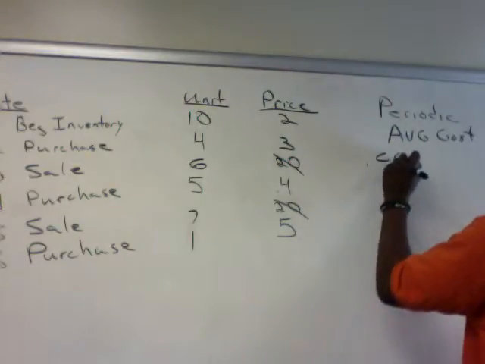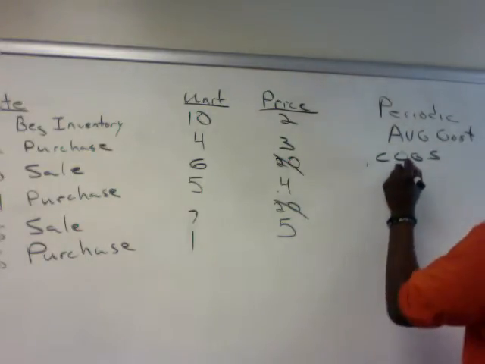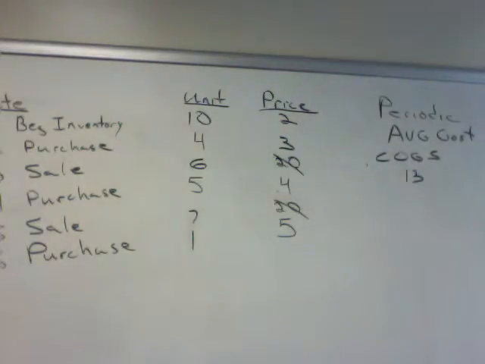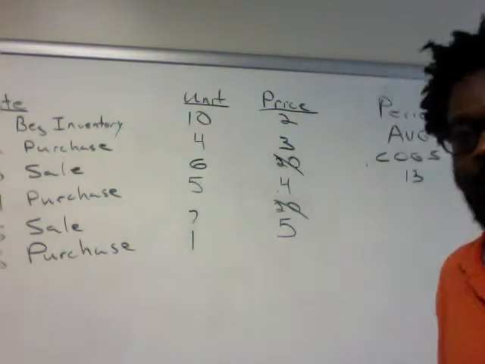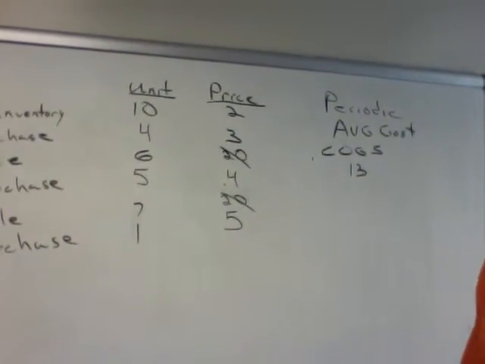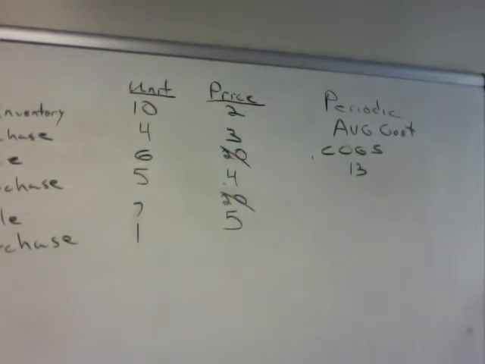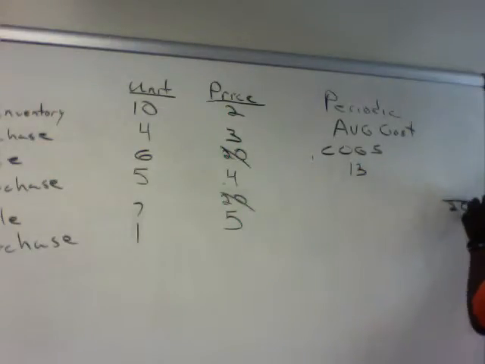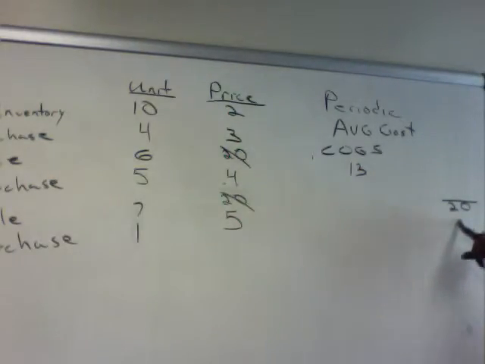And cost of goods sold first, always. We have sold 13 units. And so for the average cost, we have to ask ourselves, how many units did we have available to sell throughout the entire period? And we know the answer to be 20. We already calculated that. That's going to be your denominator.